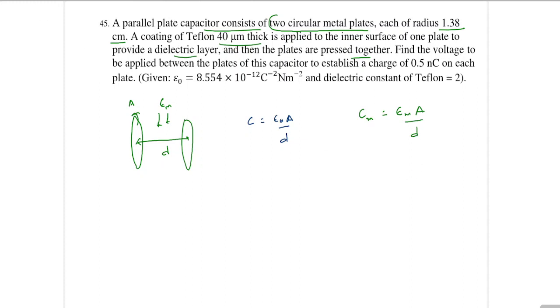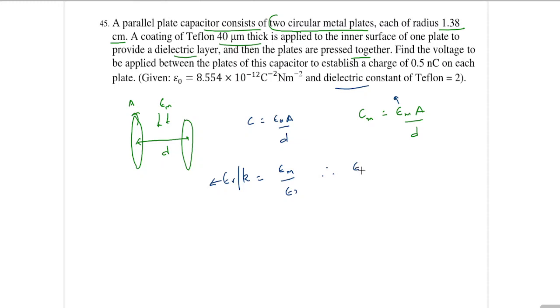But in most cases, they will not give the permittivity of the medium. Rather, they will give it in terms of its dielectric constant. As seen in the previous numerical, the dielectric constant is called K, also called epsilon r, the relative permittivity. It is given as epsilon in the medium by epsilon naught.